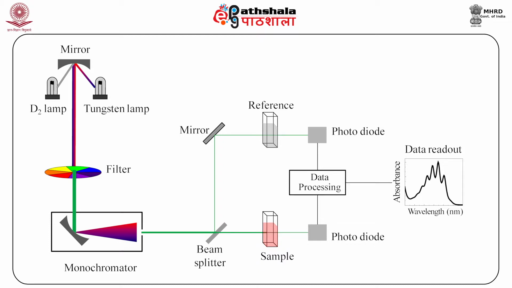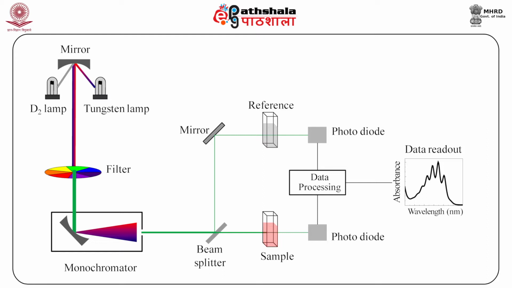UV visible spectroscopy involves the absorption of light in the UV or visible region of the electromagnetic spectrum, which results in electronic transitions from ground to the excited state as studied earlier.